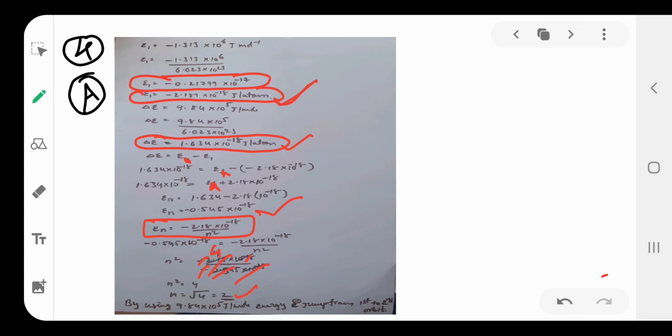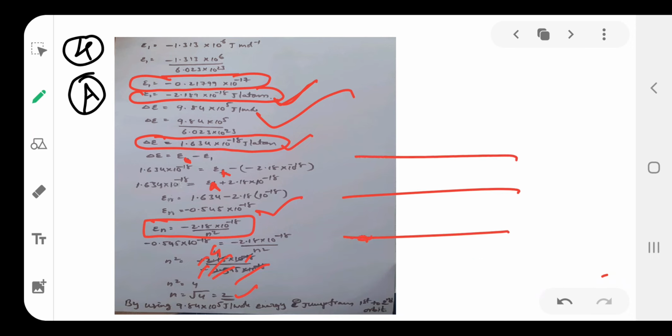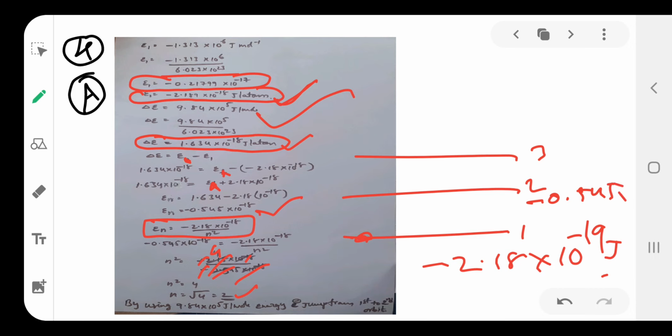That means by using this much amount of energy, the electron present in the ground state or first orbit jumps to the second or third. Here the ground state energy is minus 2.18 into 10 power minus 18 joule. The excited state, that means second orbit, energy is minus 0.545 into 10 power minus 18. So this is the excited state electron.